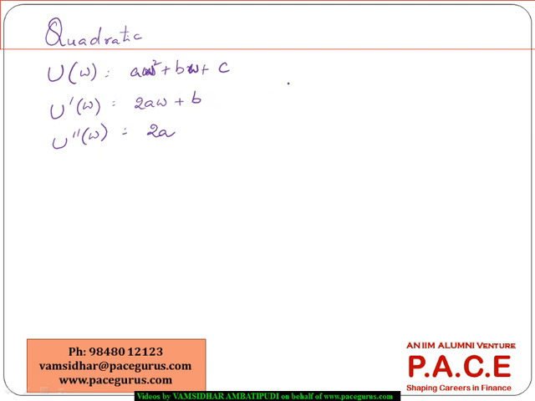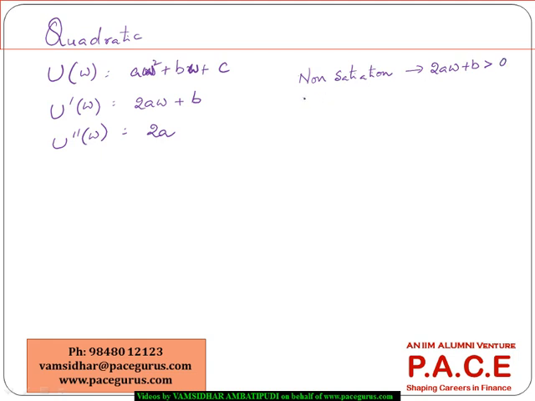Now I'll see how the non-satiation rule works. The non-satiation rule says that u dash, the first derivative, should be positive, which means 2aw plus b should be greater than 0.